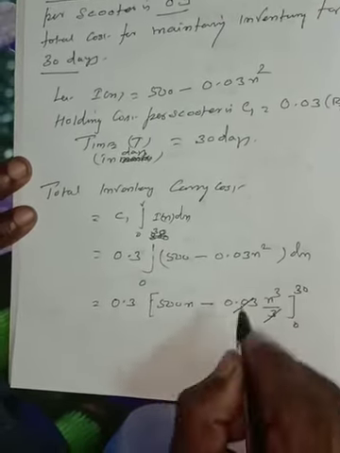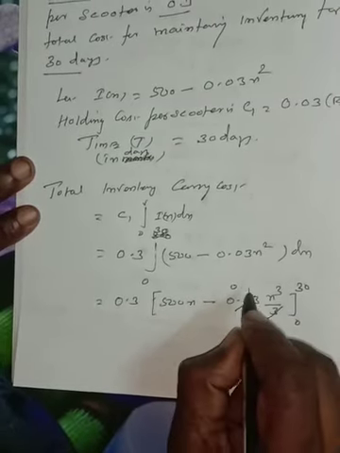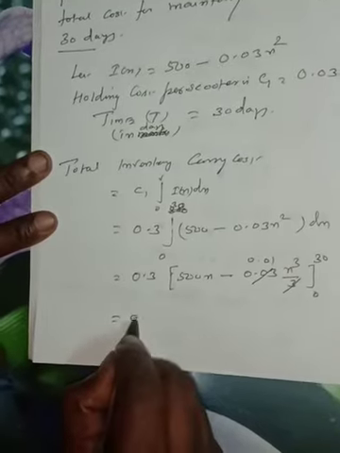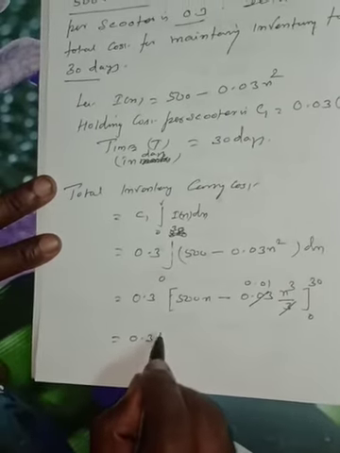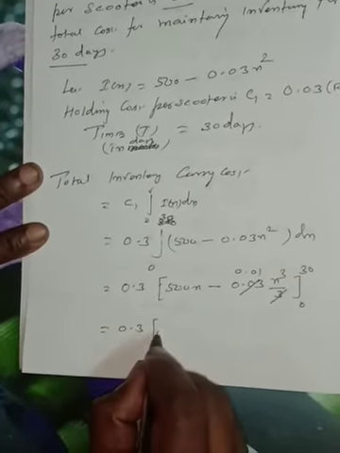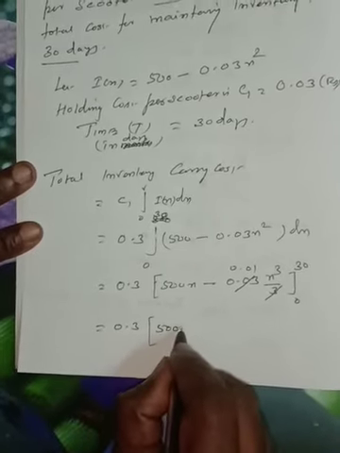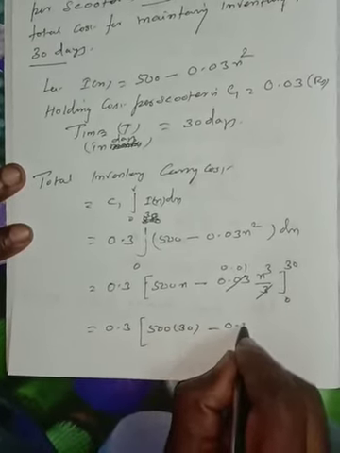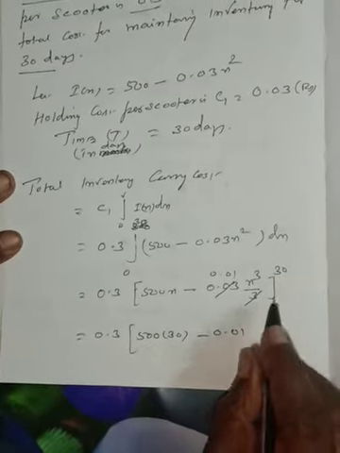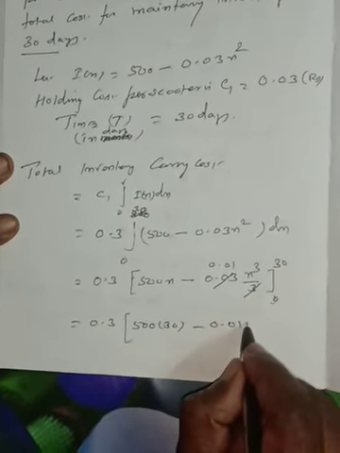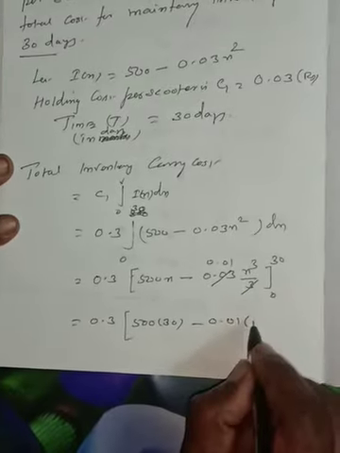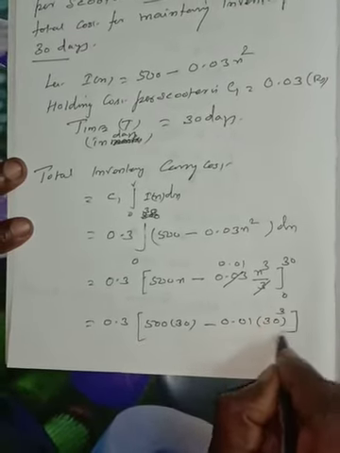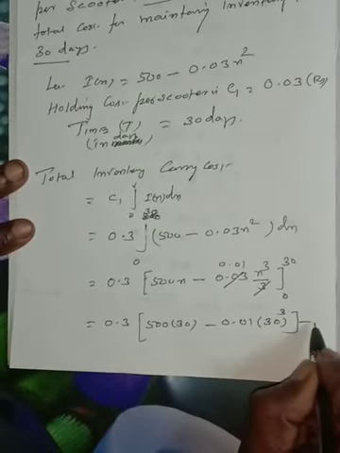This and this are cancelling, we get 0.01. It is equal to 0.3 times: applying upper limit, 500 into 30 minus 0.01 into 30 power 3, which is 27,000, applying lower limit minus 0.